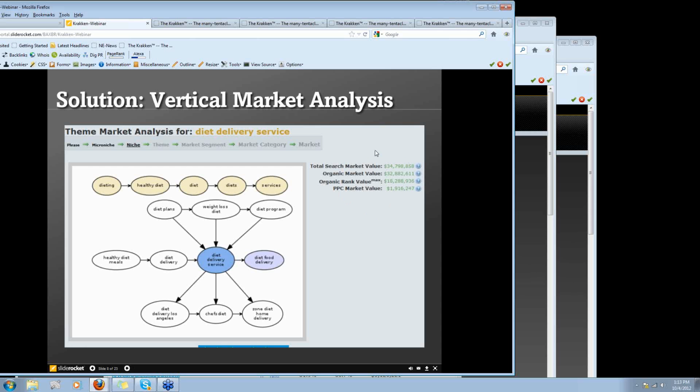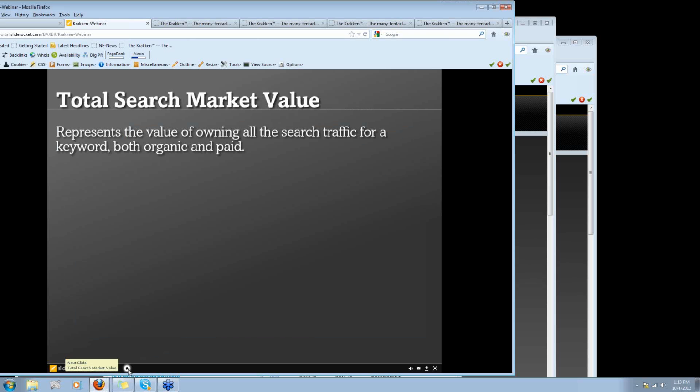And the other part of the overview are these concepts up here, the TSMV, the organic market value, the organic rank, and the pay-per-click market value. And hopefully this isn't going to skip over my definitions. So the total search market value. Let's talk about that for a minute. TSMV, we throw that term around a lot when we're talking about Kraken.